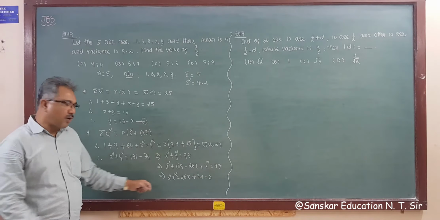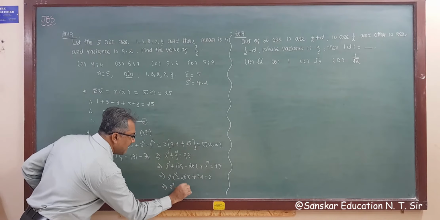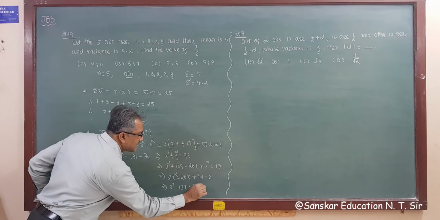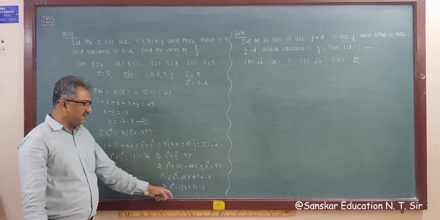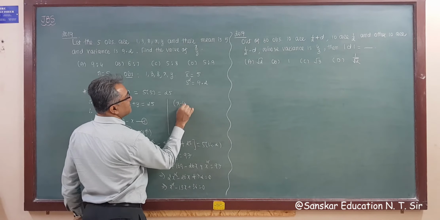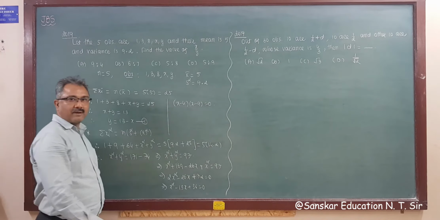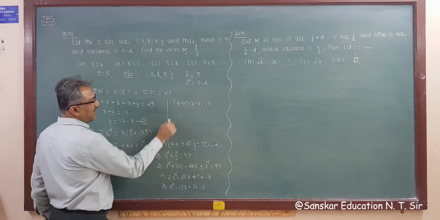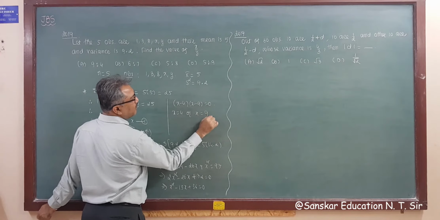Taking 2 common, what we get? x square minus 13x plus 36 is equal to 0. The factors of this are x minus 9 and x minus 4. So I am writing here, x minus 4, x minus 9 equal to 0, right? So x is equal to 4 or x is equal to 9.